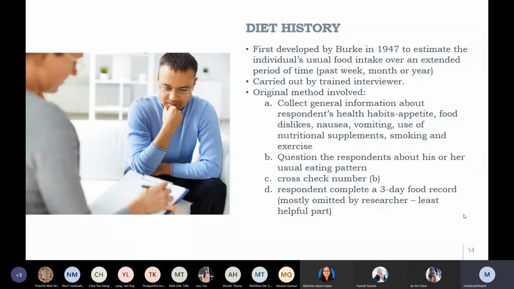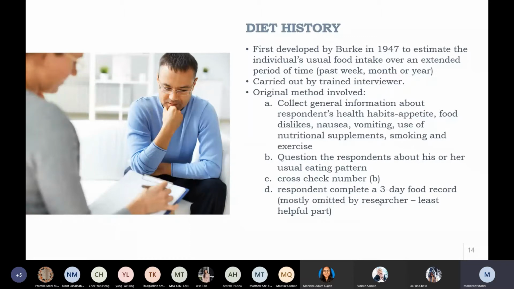So I think in clinical practice, you usually use diet history more compared to 24-hour diet recall, because you can also gauge information on the appetite and also food-related symptoms and supplements used. Some researchers might need another method on top of diet history just to complement it, for example, a 3-day food record.